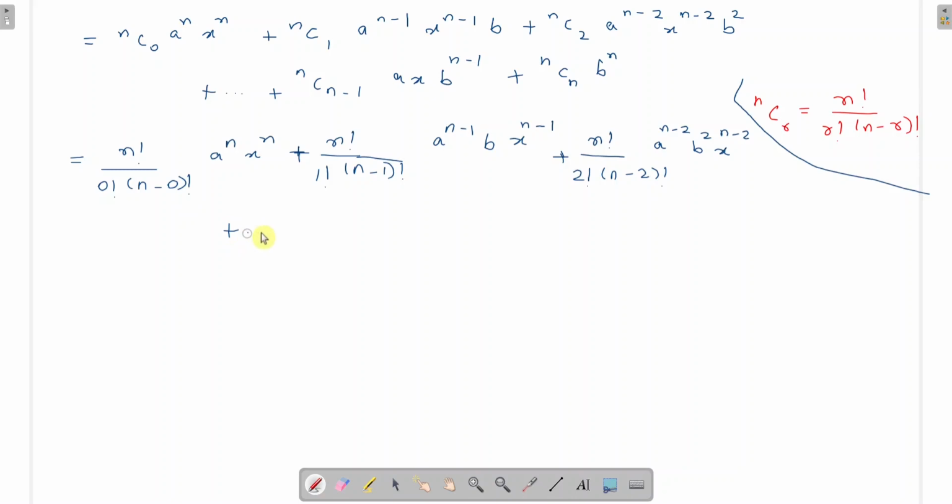Then plus n factorial divided by n minus 1 factorial multiplied by n minus (n minus 1) factorial, right? We are just using the nCr formula. Then a multiplied by b raised to n minus 1, x, plus nCn will be n factorial divided by n factorial multiplied by n minus n factorial, b raised to n.